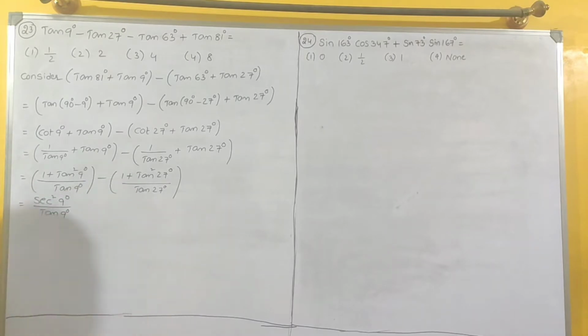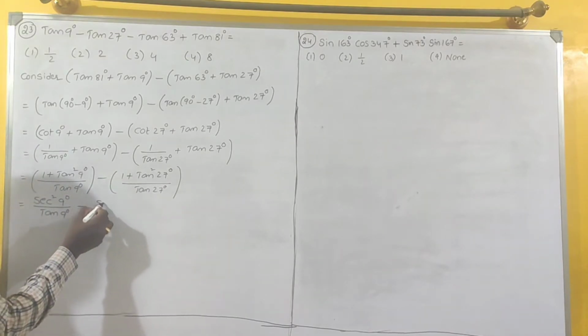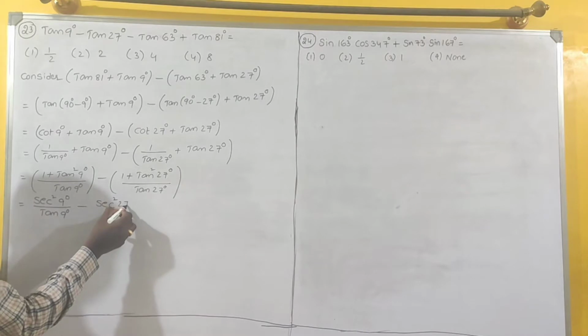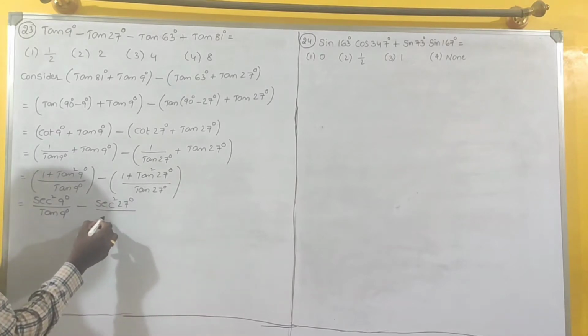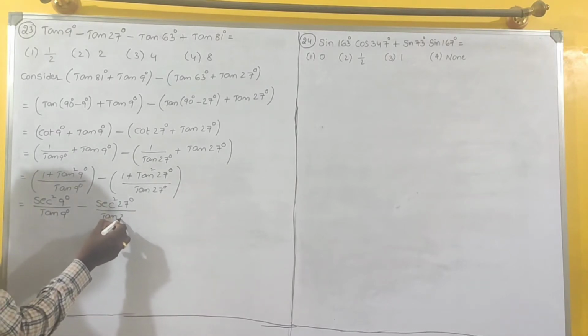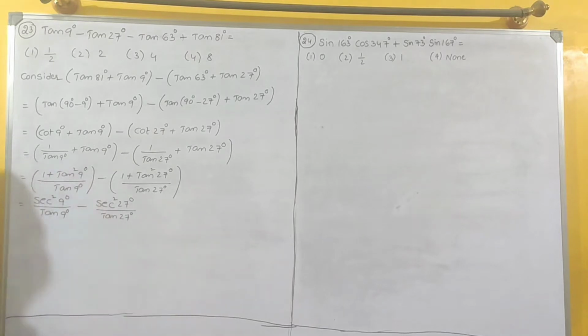Here also 1 plus tan square is nothing but secant square theta by tan 27. Secant square I can write as 1 by cos square 9.